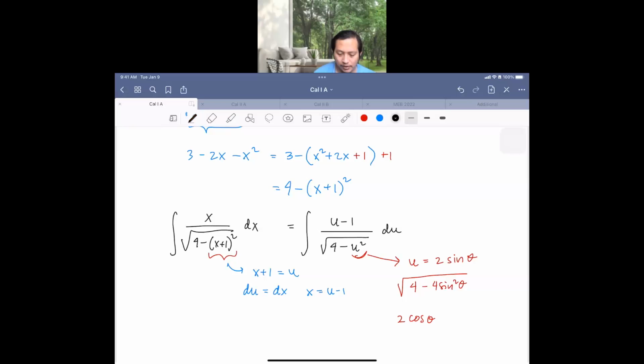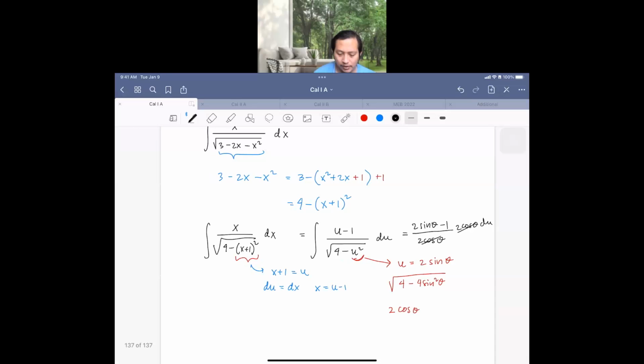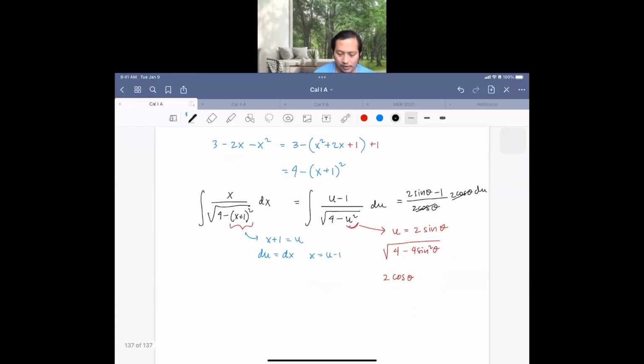So directly we could say that if we change everything, u becomes 2 sine theta minus 1, the denominator will be 2 cos theta, and du will be 2 cosine theta d theta. And we can cancel this, so we have 2 sine theta minus 1. We could take the integration, and I think we could directly integrate.